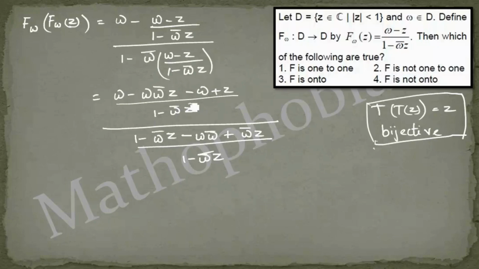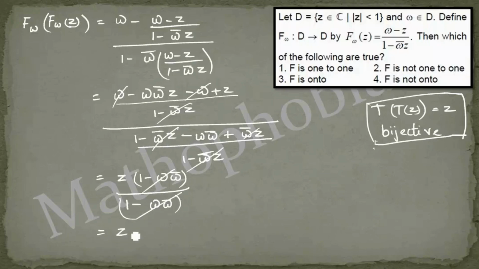So here the denominators cancel and we can cancel out a few terms. Then what remains? We'll get z into 1 minus omega bar, and below we have the remaining 1 minus omega bar. Cancelling this, we get it is equal to z.